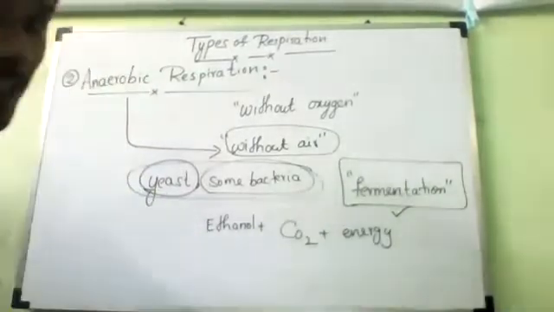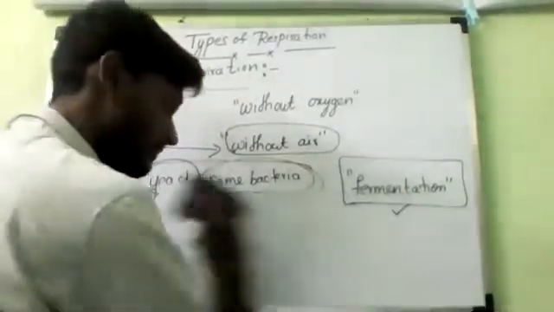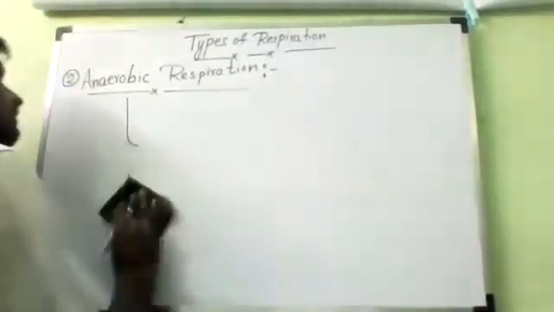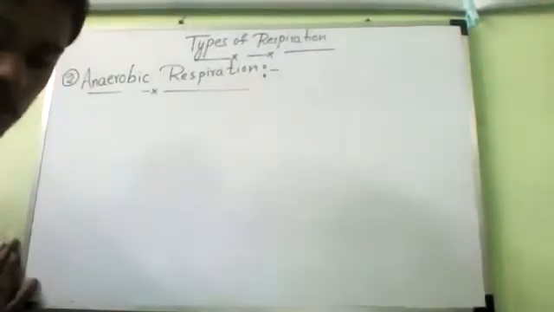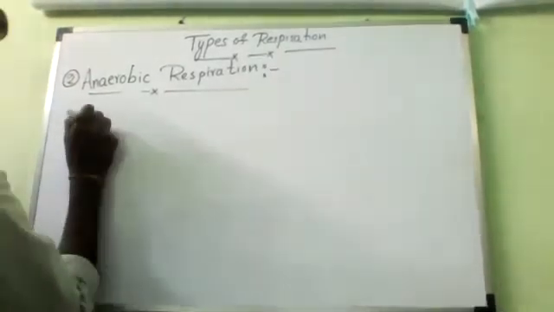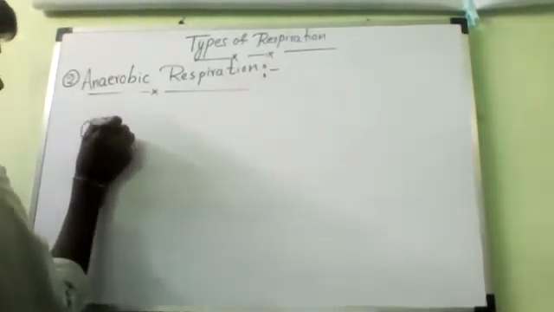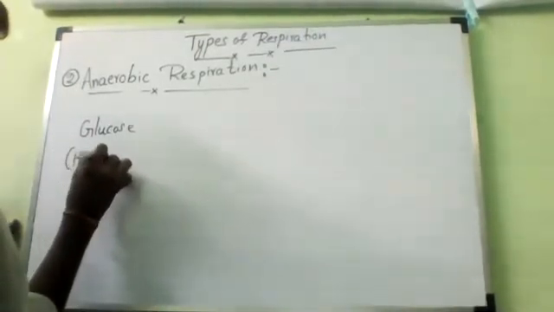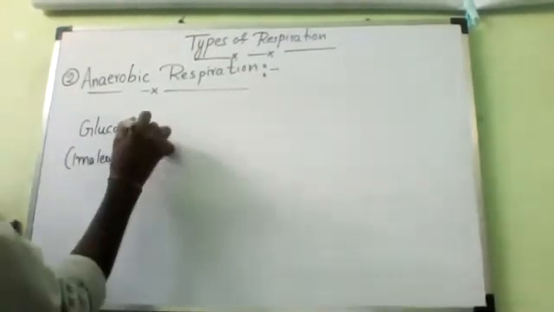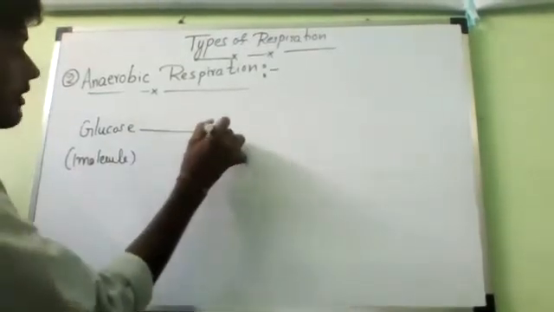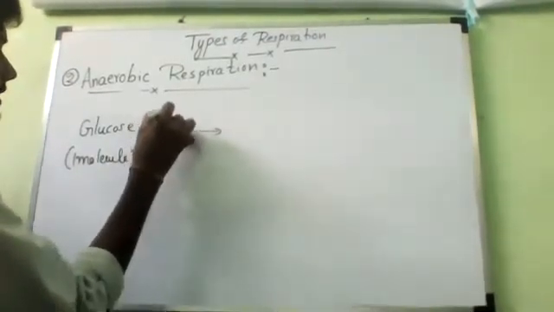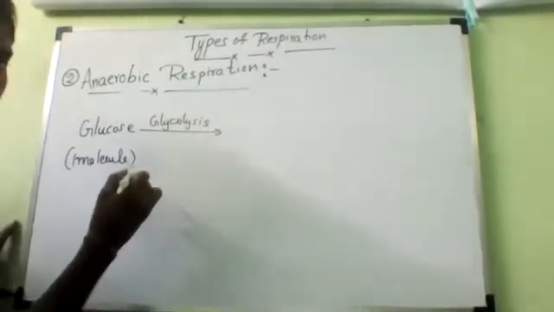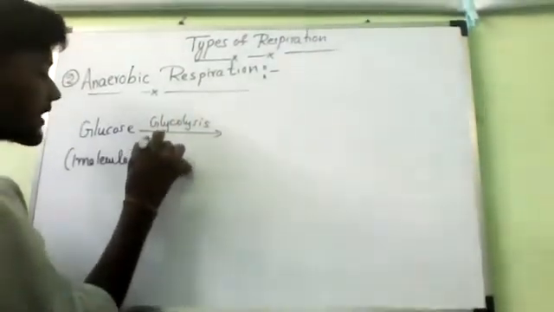So now let us represent this. If we take one molecule of glucose, first what will happen? First, glucose is broken down by glycolysis. Where will it take place?